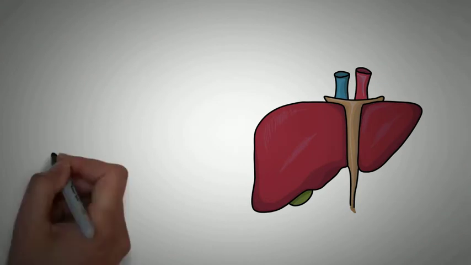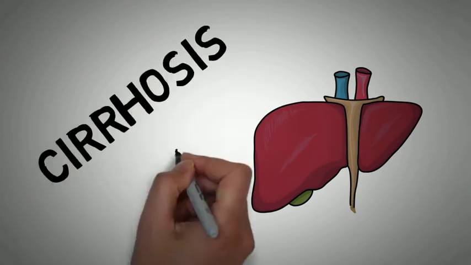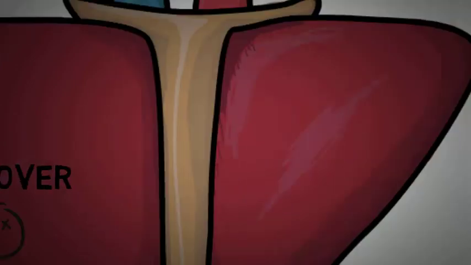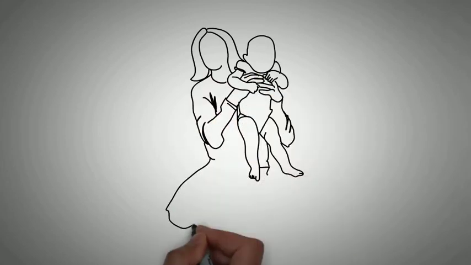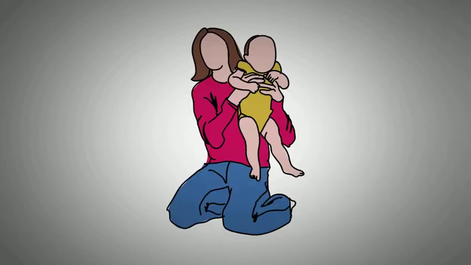Infection from the disease can lead to cirrhosis, permanent scarring of the liver, liver failure, or liver cancer, causing severe illness and even death. Worse yet, the hepatitis B virus spreads from person to person through blood or other bodily fluids, and can also be passed from an infected mother to her unborn baby.